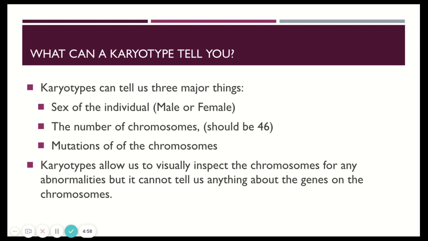Sometimes the chromosomes don't divide correctly during mitosis or meiosis. And if there are any mutations of the chromosomes, is one abnormally short? Is one abnormally long? Does one only have a centromere in either of its other components? Karyotypes allow us to visually inspect the chromosomes for abnormalities, but it can't tell us anything about the genes on those chromosomes.